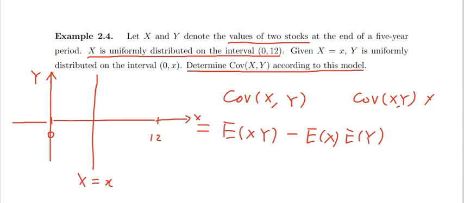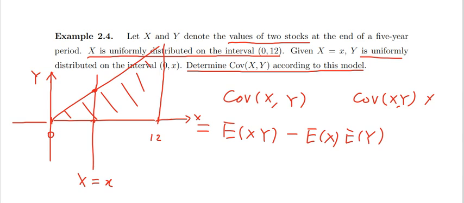When x is fixed, Y is uniformly distributed on the interval from 0 to x. So here's 0, and here's x. So 0 to x. We can see that when x is here, 0 to x, this means y is between the points y equals x and y equals 0. So we know this x, y region is this triangle, right?